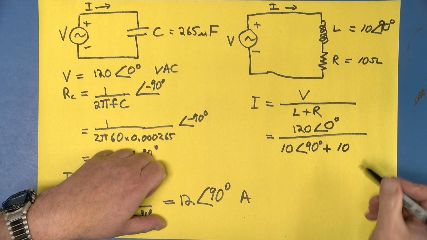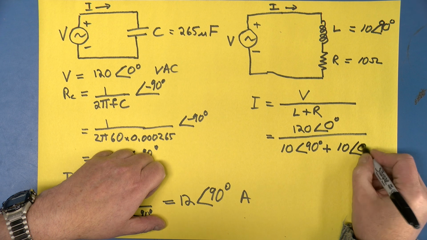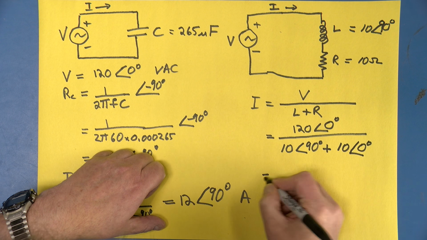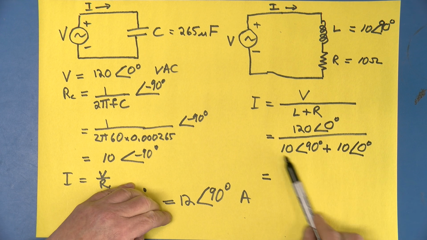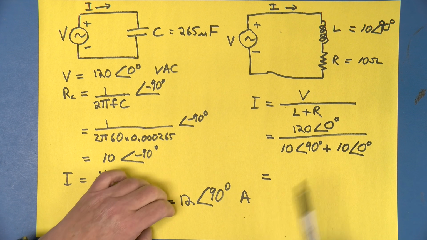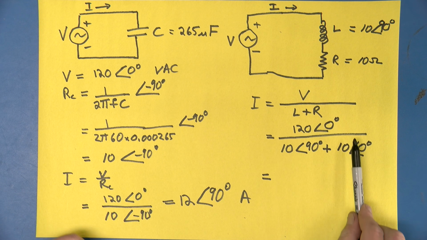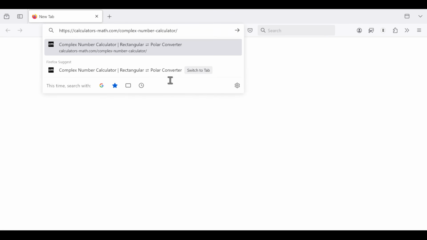And ohms has no angle, so we'll just say it has an angle of 0 degrees. And you say, how on earth is he going to add these two things together and then do this division? Well, I'll show you how to do this later, but a far easier way is to use an online calculator.